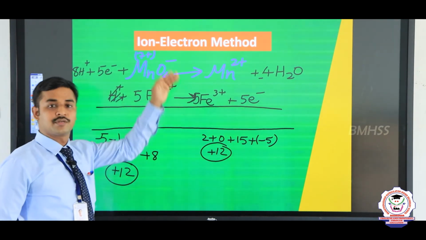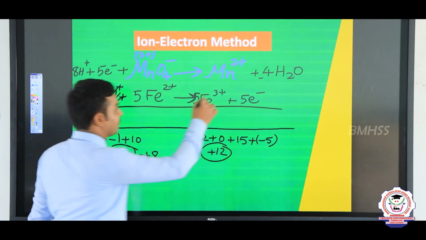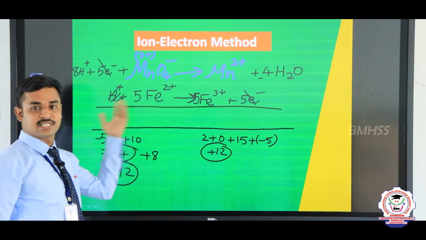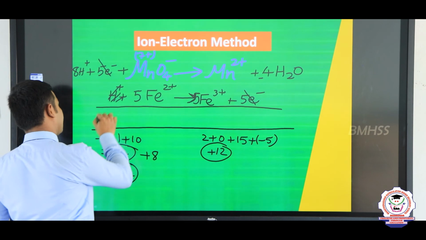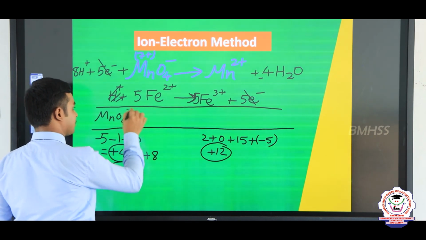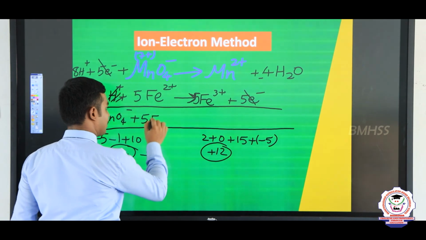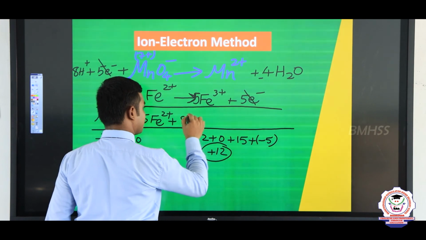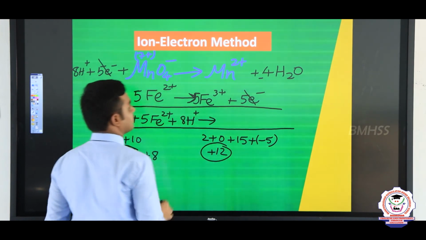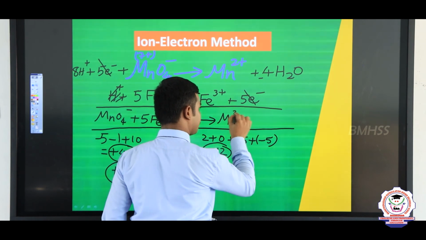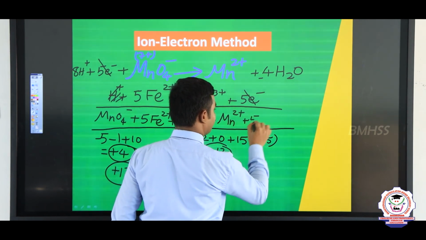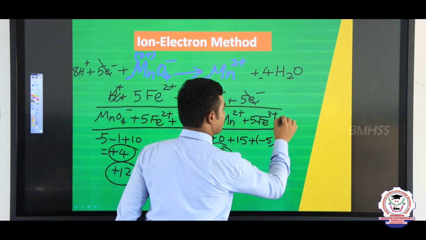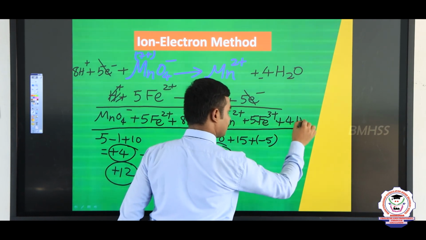So, now you can get a total for this equation. When we get the total, the 5 donated and accepted electrons are eliminated, and you can write MnO4 minus plus 5Fe2+ plus 8H+ gives Mn2+ plus 5Fe3+ plus 4H2O.